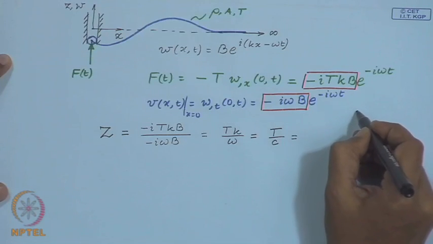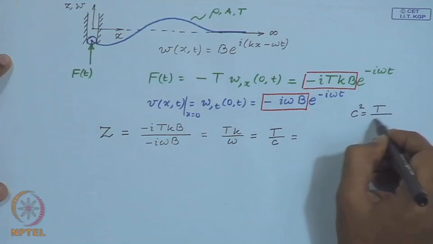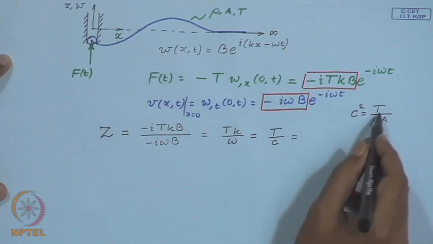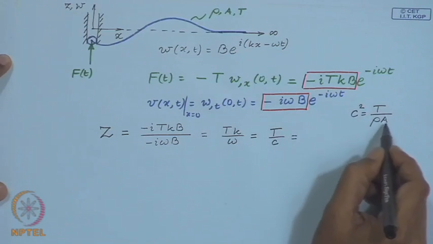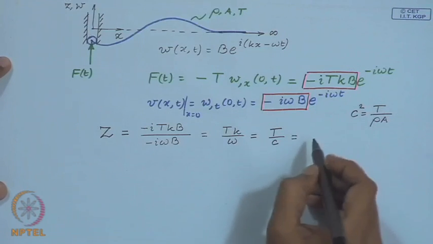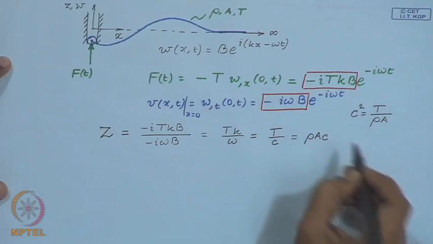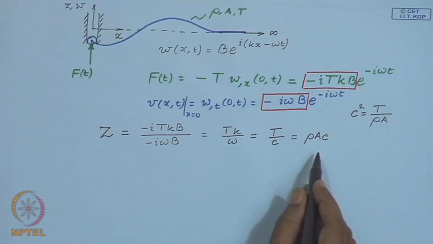So, you see c square is T over rho A for the string. So, I will replace this tension in terms of density and area of cross section of the string. So, that will give us, so, that is the impedance of a string.